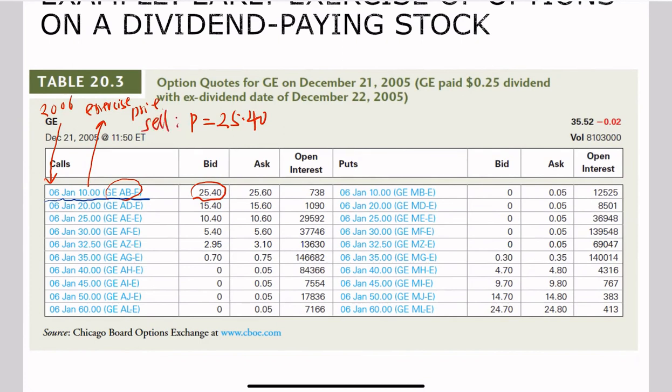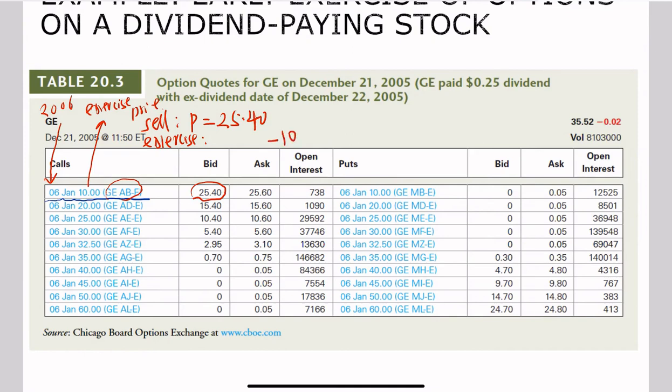Now what's the payoff from exercise? Let's say you want to exercise this. If you exercise, you will have to pay its exercise price, so you will pay $10.